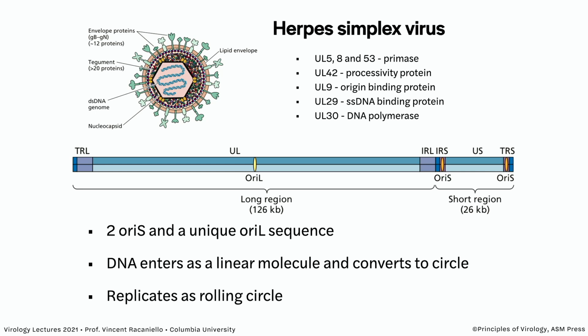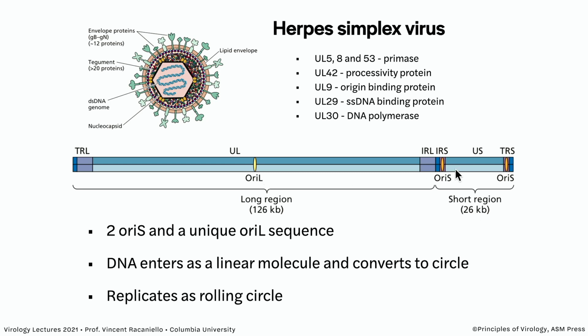Herpes simplex virus, we're getting bigger and we encode more replication proteins. Remember, this was an enveloped virus with its nucleocapsid inside, double-stranded DNA inside the nucleocapsid, and the DNA is a double-stranded linear molecule, very much like adenovirus, except longer, as you can see here.